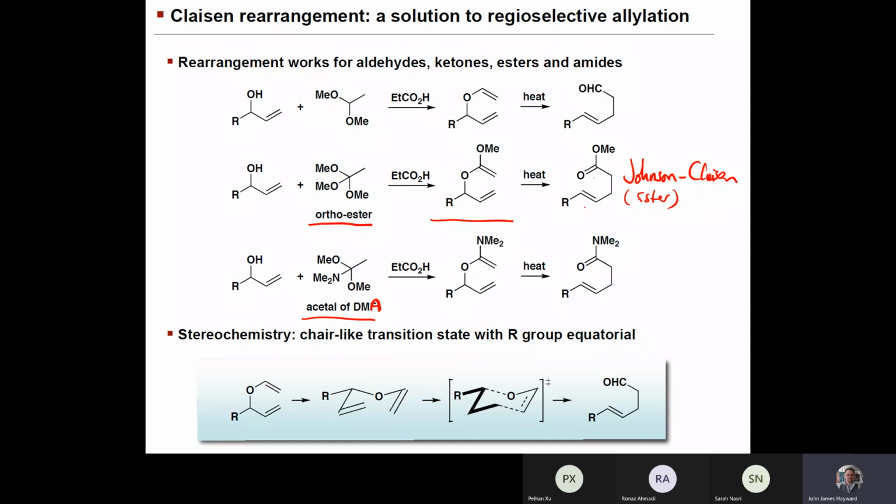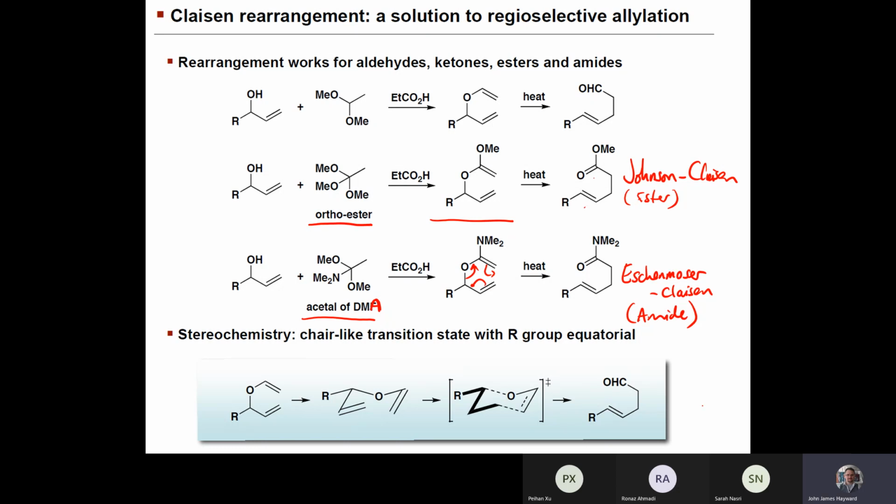So we can take this reagent, again we react with propionic acid, and we get out the same kind of intermediate. Once again, we can still do our Claisen as before. It's just now that this is referred to as an Eschenmoser Claisen, and that makes the amide.